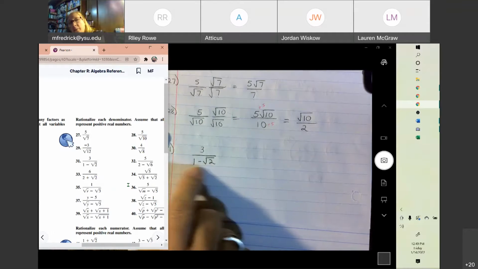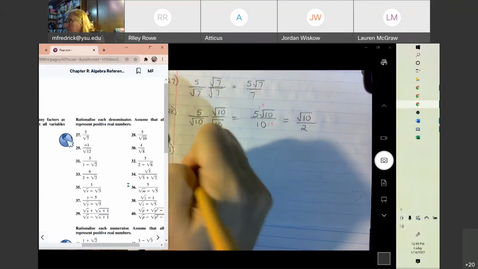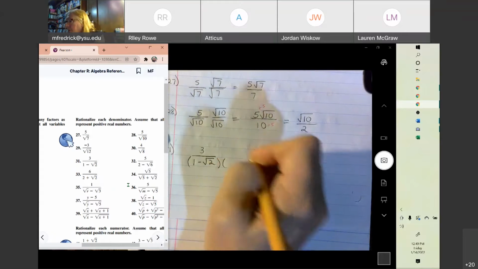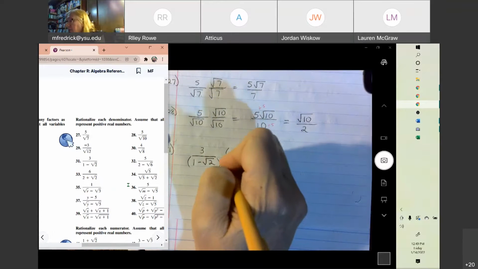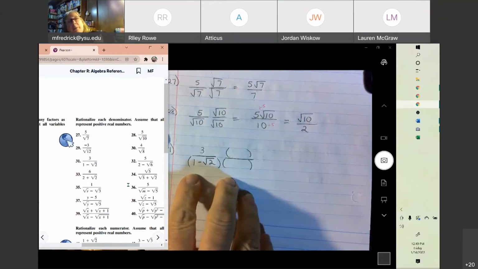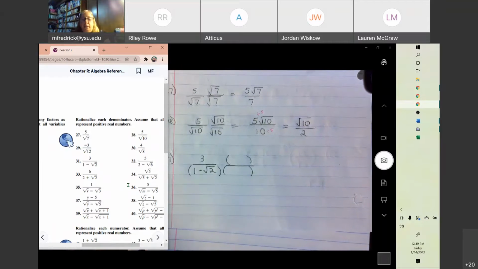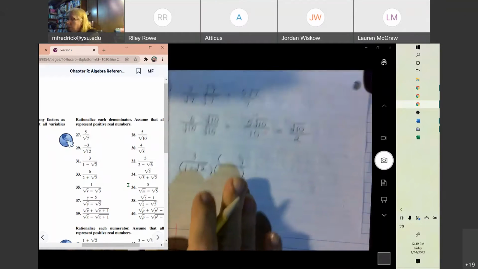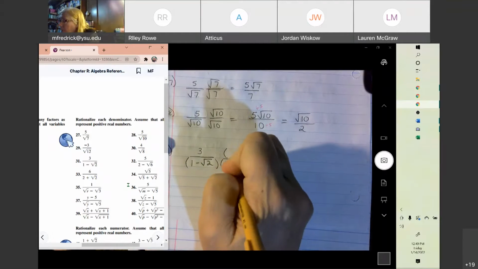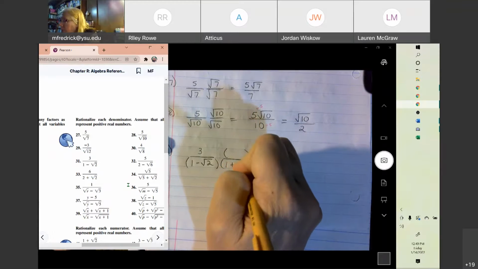So when you have more than one term, remember when we talked about the conjugate, I kept saying it. Here's where you'd want to multiply by the conjugate, because then it eliminates the radical. So remember, the conjugate is the opposite middle sign.